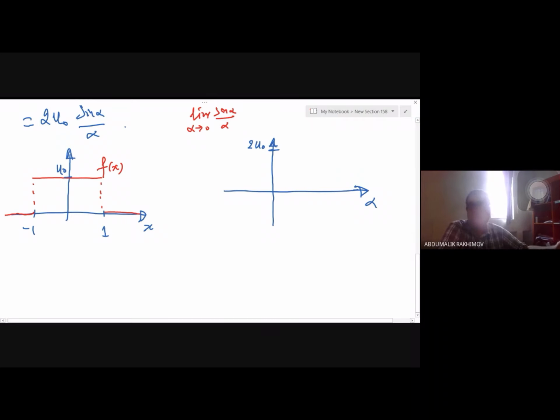Because sine 0 is 0 and alpha is 0, it is 0 over 0, right? If you use L'Hopital's rule, the derivative of sine alpha is cosine alpha, and the derivative of alpha is 1. So the denominator will be 1, the numerator will be cosine alpha, and when alpha is 0 the limit is equal to 1. So when alpha is 0, sine alpha over alpha is 1, and the result will be 2u0.